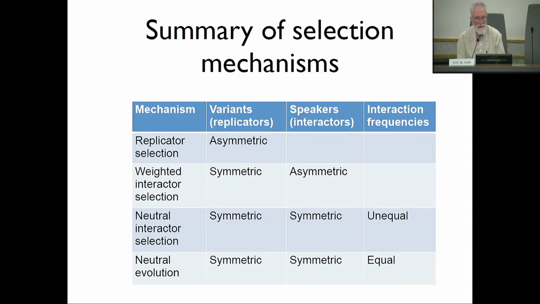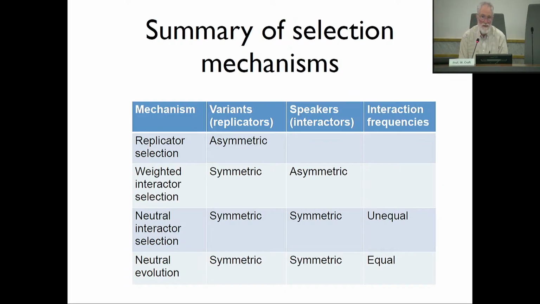So here's a kind of mathematical summary of these selection mechanisms. We have both the variants and the speakers, which are the replicators and the interactors in our evolutionary theory. Replicator selection is when the variants are weighted asymmetrically. Weighted interactor selection doesn't say anything about replicator selection, but it says that speakers are weighted asymmetrically.